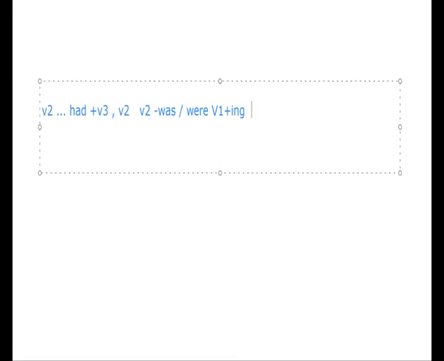And if it is with the time, I mean duration of the time, had been plus V1 plus ing form. Okay, simple past, past perfect, past continuous, past perfect continuous. The grammatical terms, you don't really worry about this.